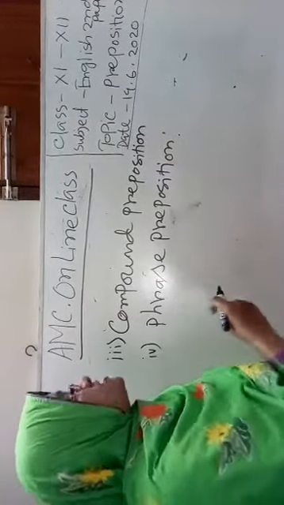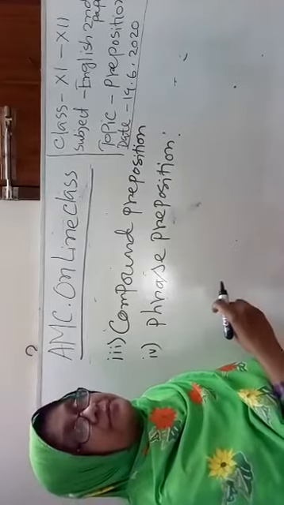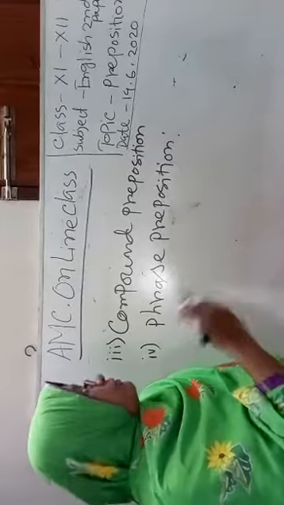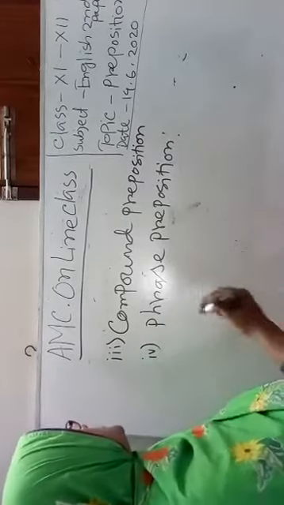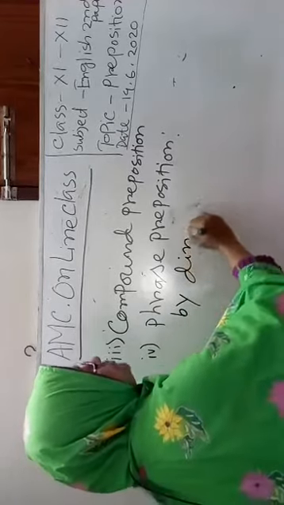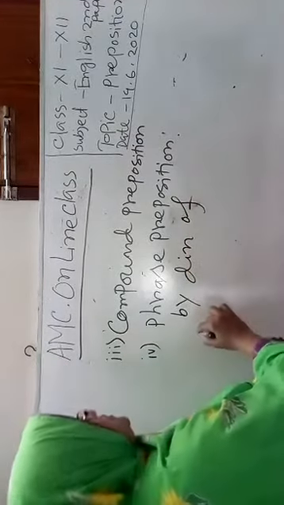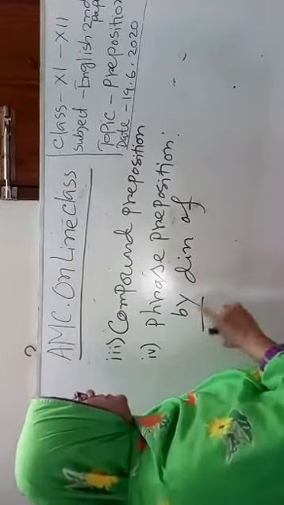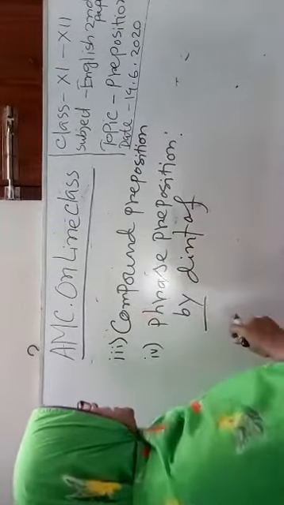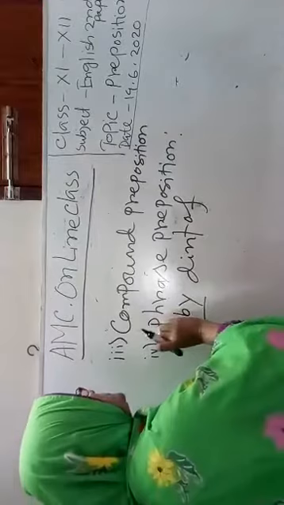So phrase preposition means there are some prepositions used with a group of words, called phrase preposition. Say for example, by dint of. We see there is a single preposition placed before a group of words. This is phrase preposition.